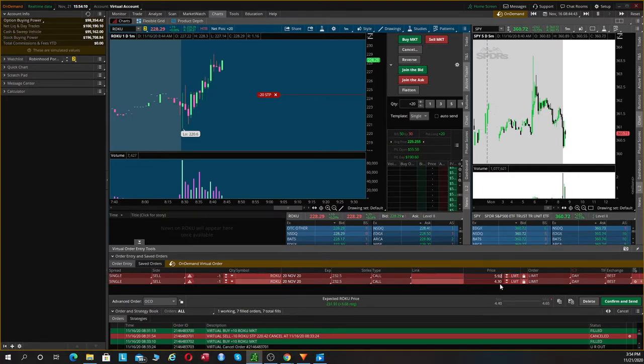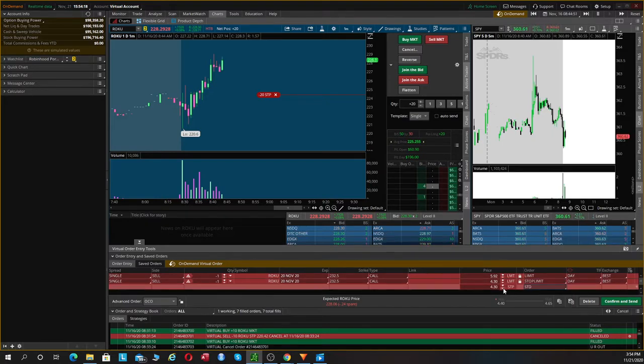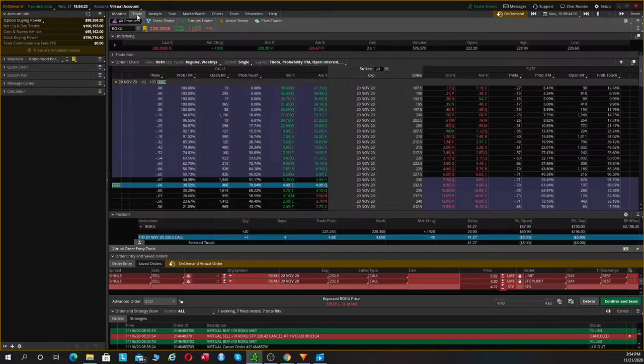And now our stop, how much do I want to lose on this trade of Roku? Let's say I don't want to lose more than, let's put in a stop limit because we want to not lose too much. So our entry on this option was 468. So let's say I only want to lose about $40.